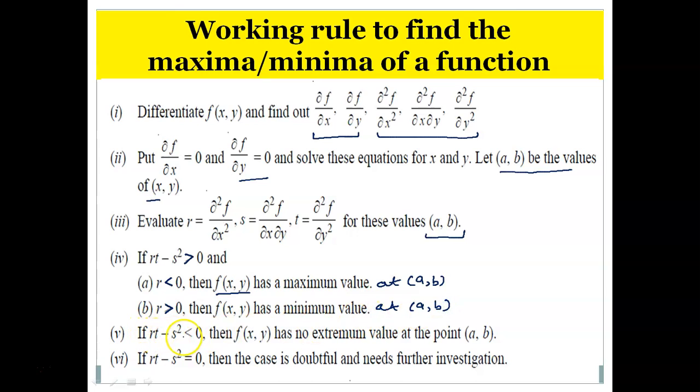Now if rt minus s square is less than 0, meaning negative, then f(x, y) has no extremum value at the point (a, b), meaning it is neither a point of maxima nor a point of minima. Further, if rt minus s square equals 0, then the case is doubtful and needs further investigation.